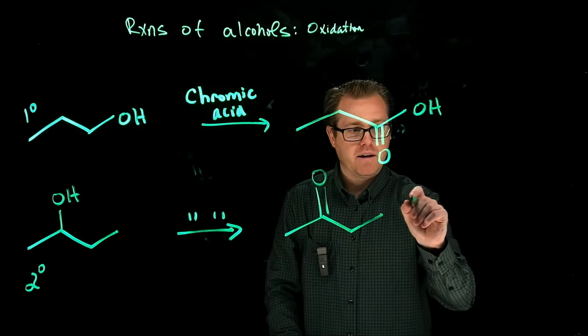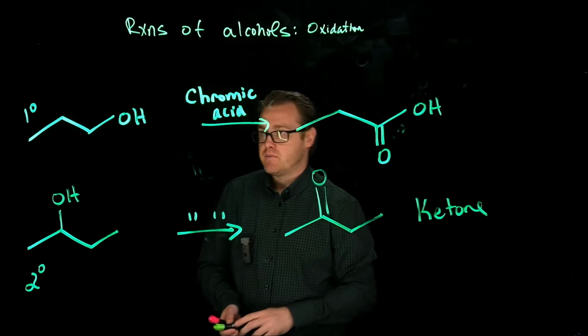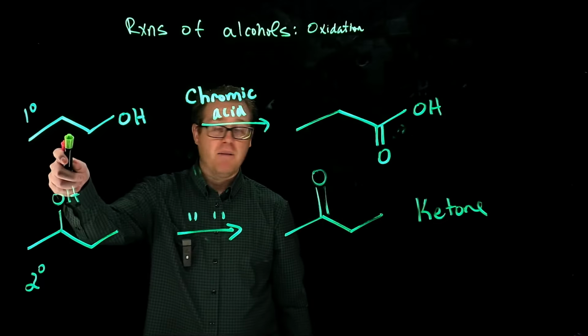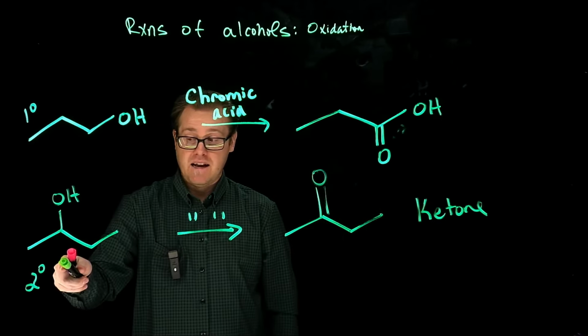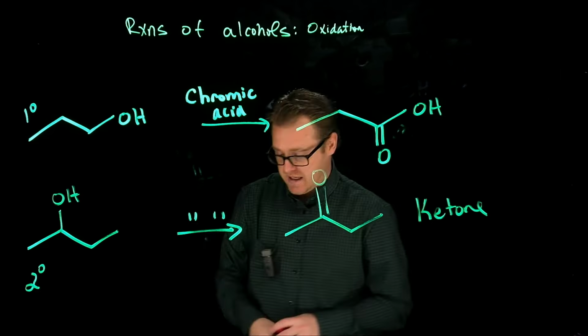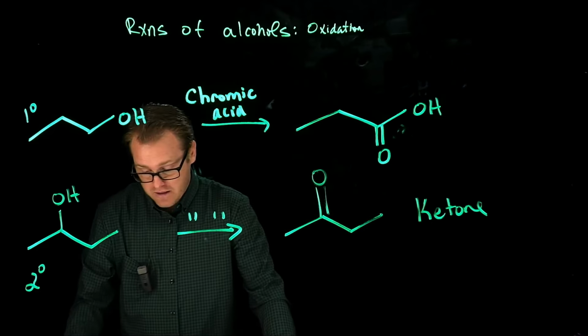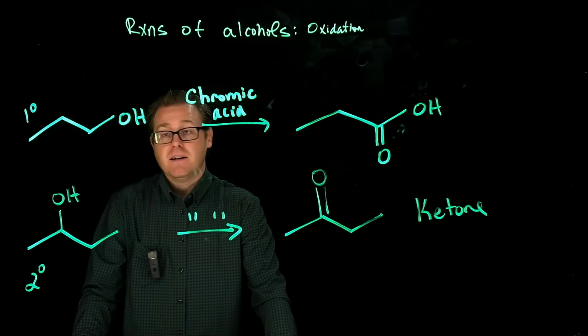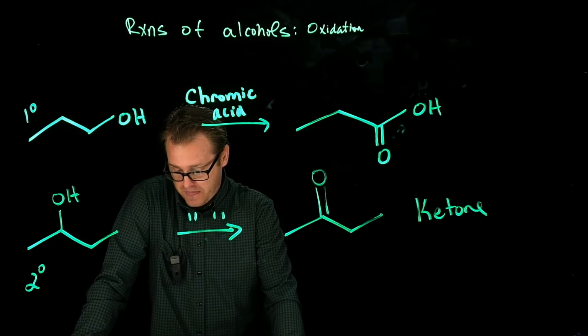So I've generated what? A ketone. So with chromic acid, if it's a primary alcohol, it goes to the carboxylic acid. If it's secondary, then it goes to the ketone. All right? So now it's just going to be a difference in what's going to happen with different reagents, okay?